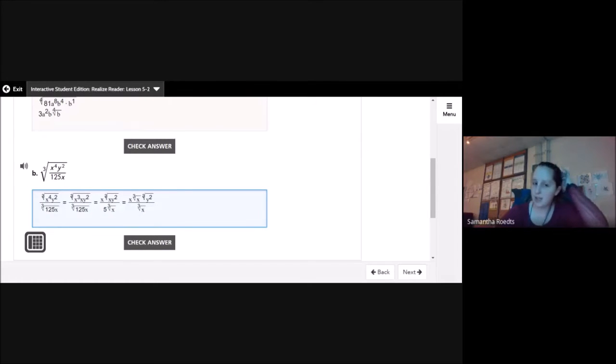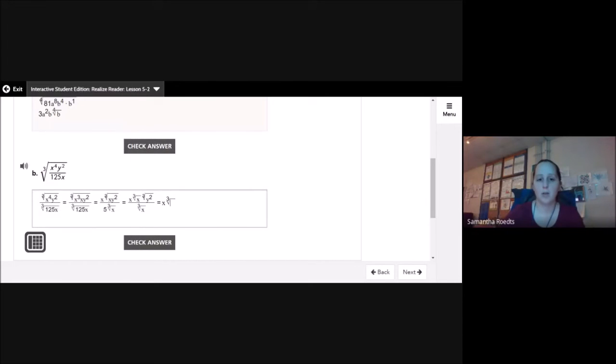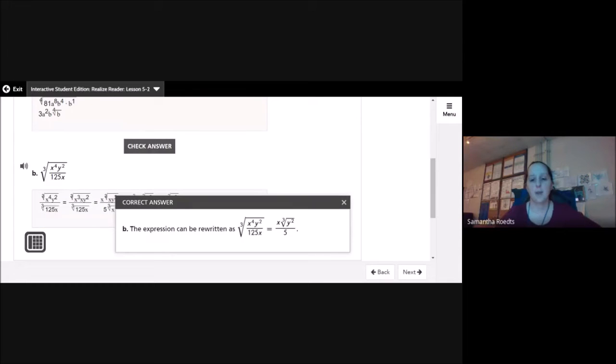So I can actually cancel these out. So I'm left with x cube root of y squared over 5. Okay. So x cube root of y squared over 5.